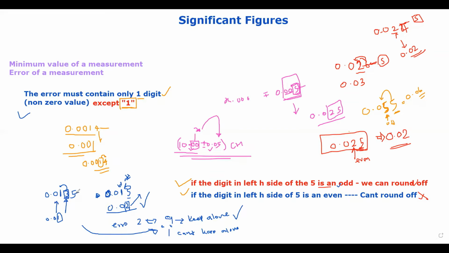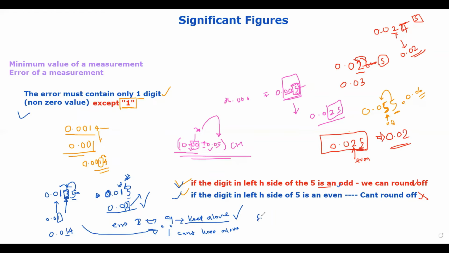So 5, again we have to consider these 2 rules, major rules in rounding off. The left hand side of the 5 is 3. It is an odd number. We can round off. So we get 1, we add 1. So final answer is 0.014.